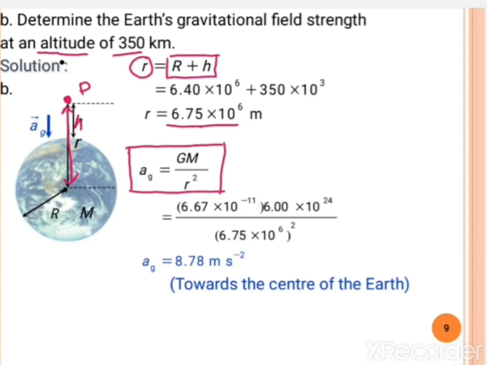M is mass of Earth, 6 times 10 power of 24, divided by R squared. R is the distance from center of Earth to that point, so the value of R here is 6.75 times 10 power of 6, squared. So the value of g equal to 8.78 meter per second squared. The direction is towards the center of Earth.